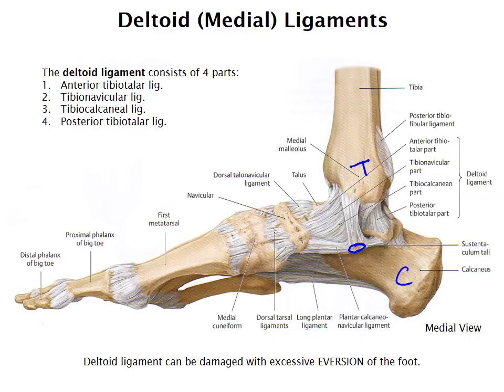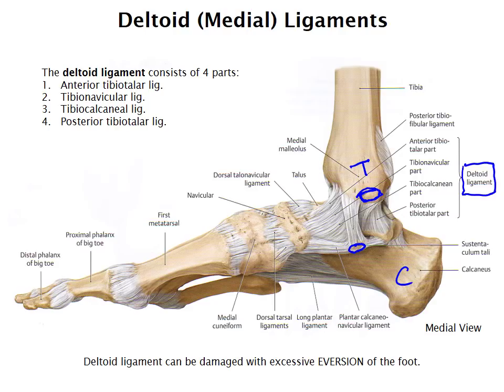And while we do want you to know the four parts, clinically, I want you to remember that the deltoid ligament is extremely robust and strong. So much so that it often does not sprain or tear. Rather, you get an avulsion fracture here on the medial malleolus because of the strength of this deltoid ligament. Now, this would occur when you go into excessive eversion.